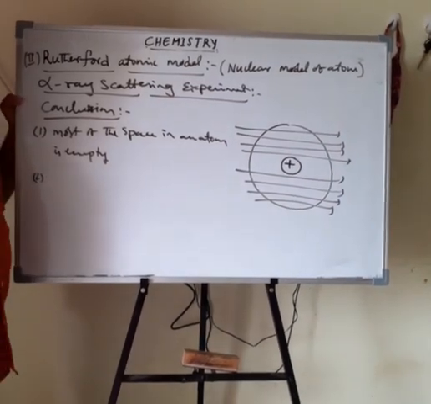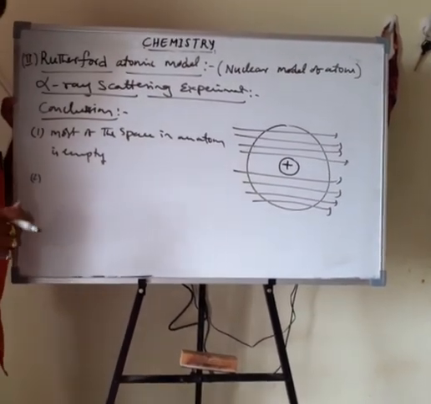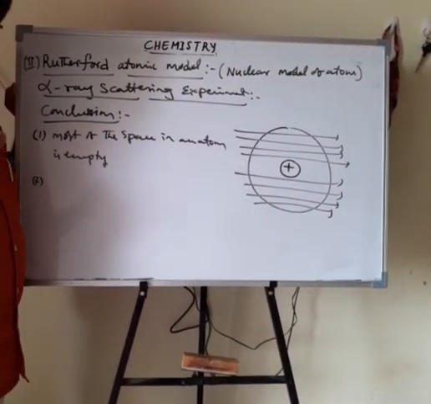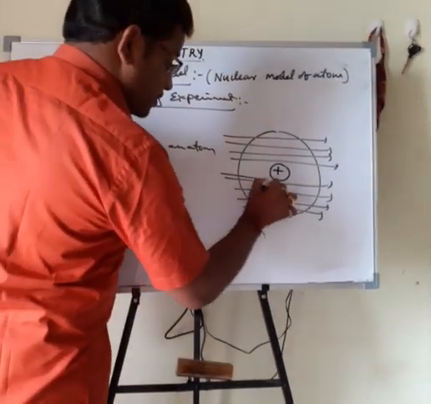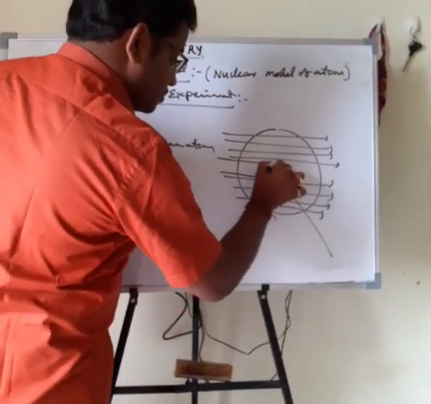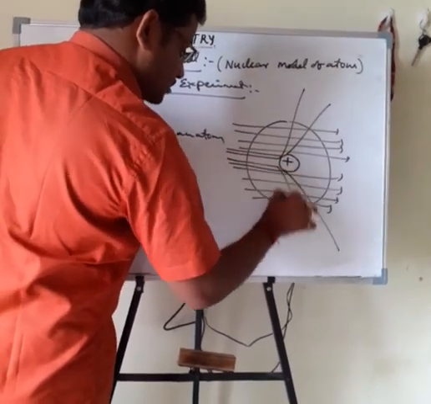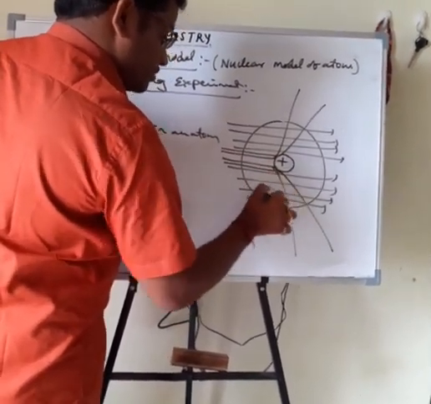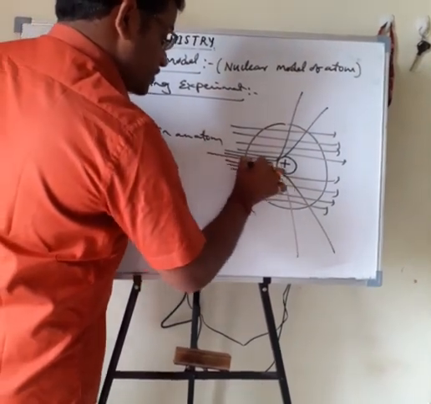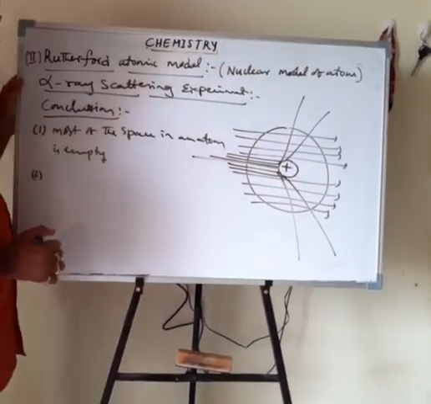Then, the second point from the observations. Few particles are deflected by a small angle, and very few particles are bounced back by 180 degrees.